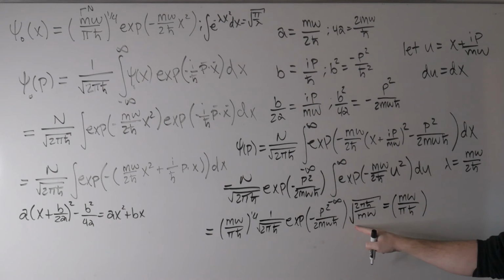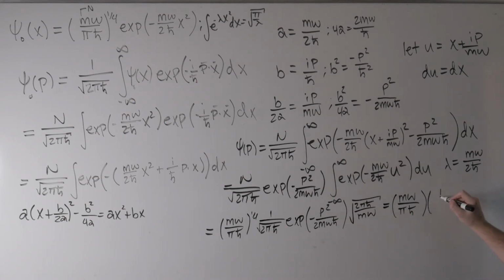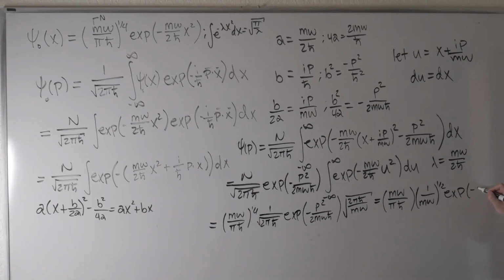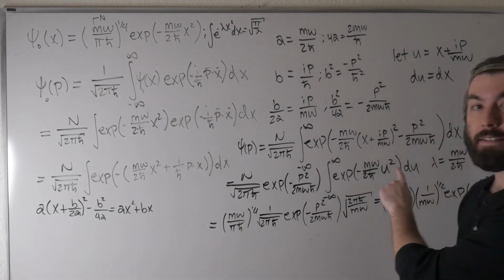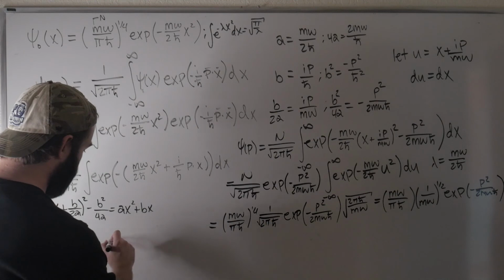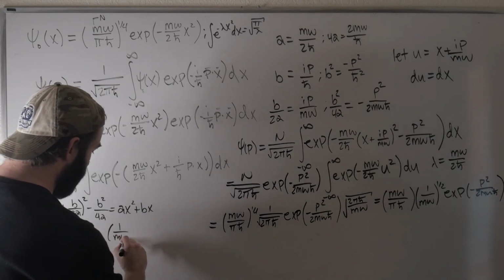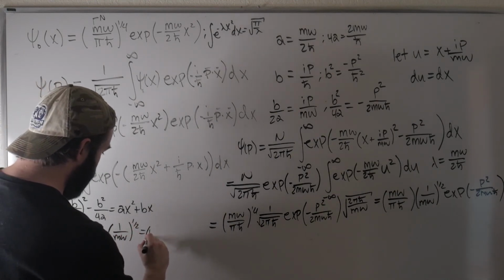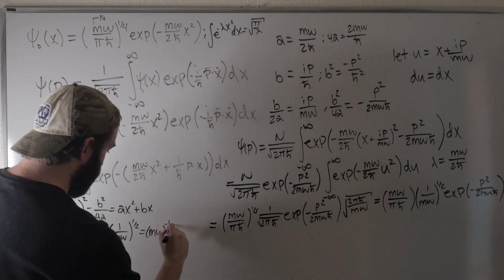And then we have 1 over m omega to the 1/2, right? And then the exponential. One over m omega to the 1/2 is the same as m omega to the minus 1/2.